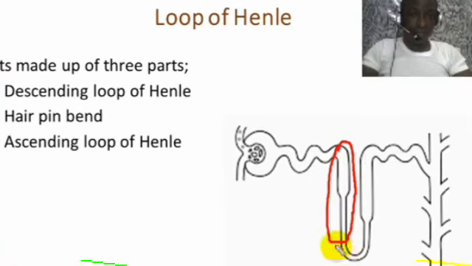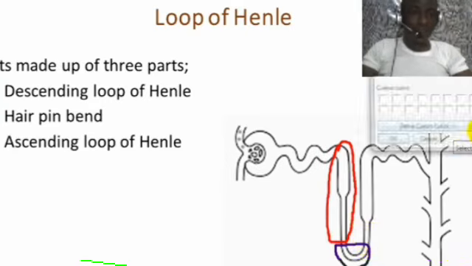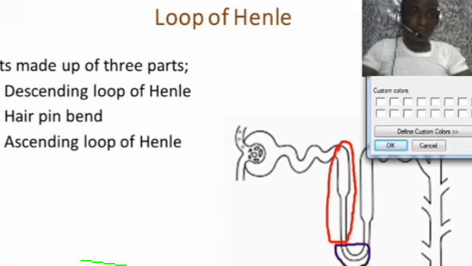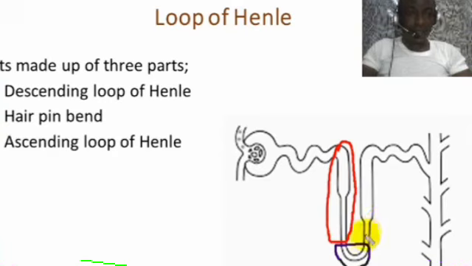This part forms the hairpin bend. The hairpin bend, like I said earlier on, connects the descending and ascending loops of Henle. And this other part, in a different color, yellow, forms the ascending loop of Henle.